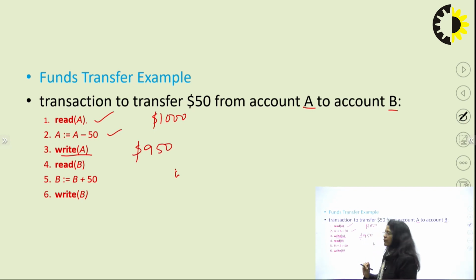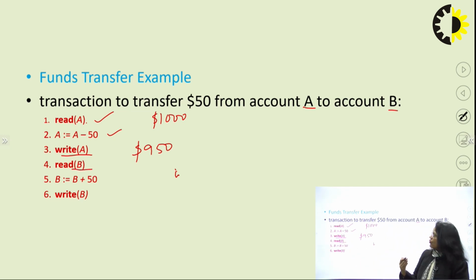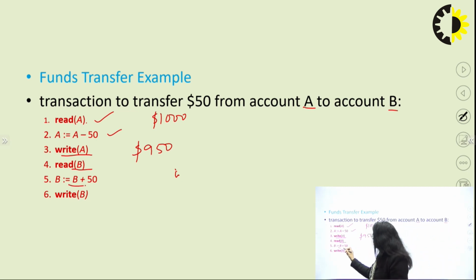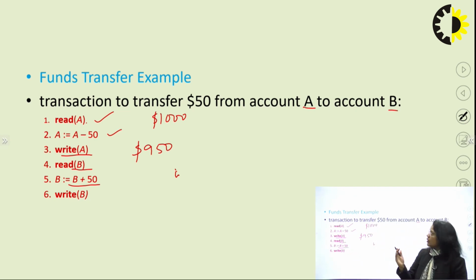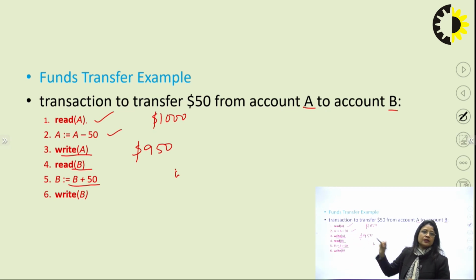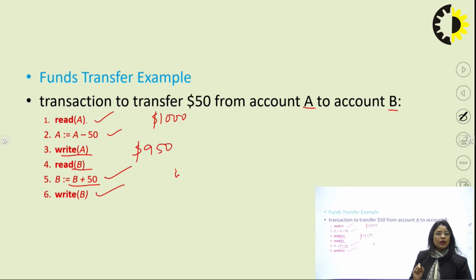$950. Right. Now the next step is to read account B. So first of all, the initial value of that particular account will be read. After that, the $50 which we have deducted from account A, now we need to add to this. Fine. So this is added by this operation, and then we will have the write operation.